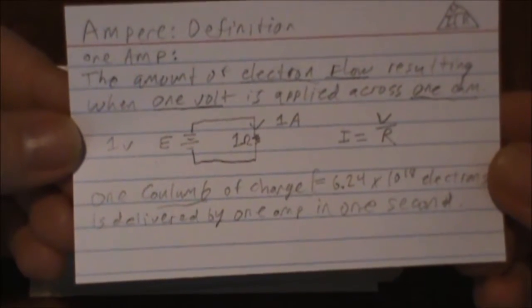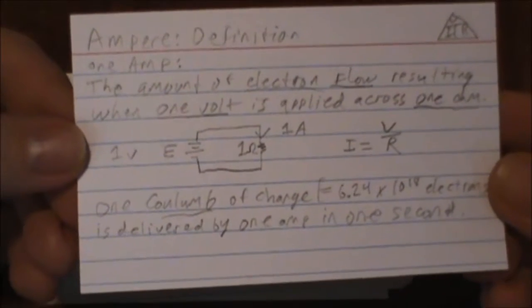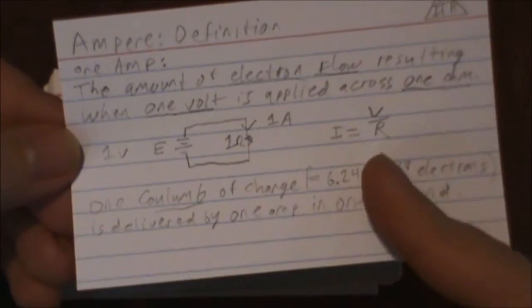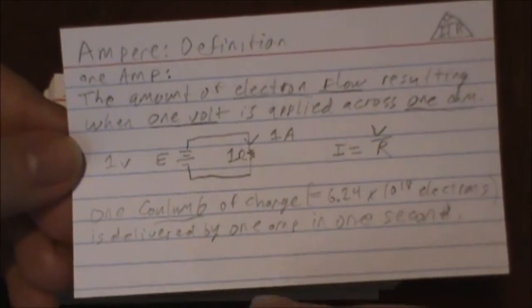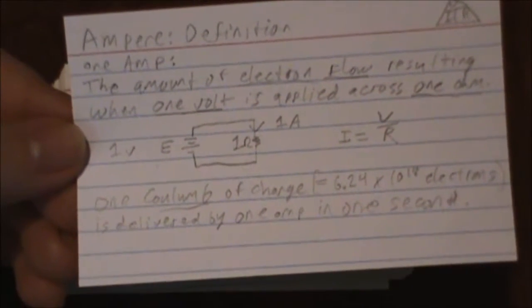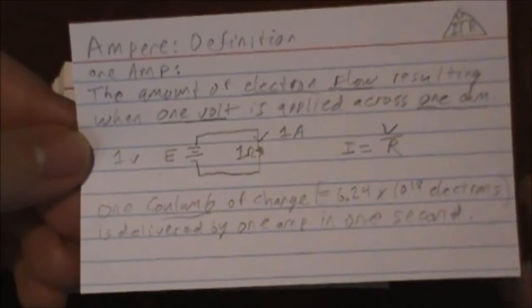For example, if so many hundreds of liters of water go past between point A and B down your riverbank, that is equivalent to how many coulombs of charge are flowing in your wire, in your conductor or electrical component.